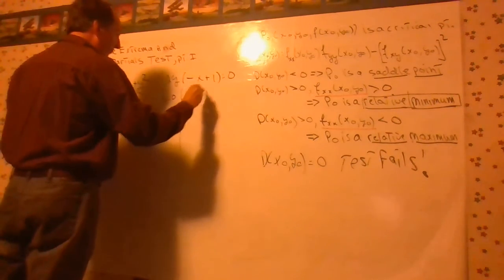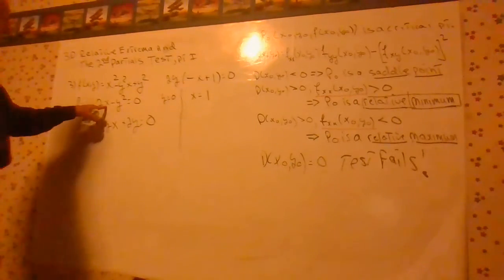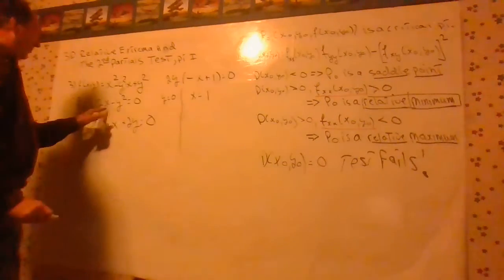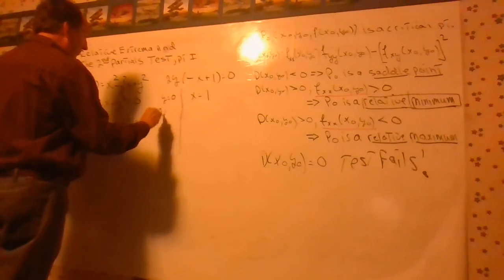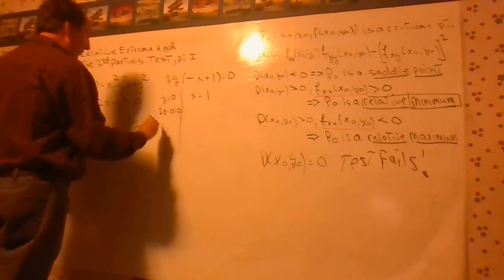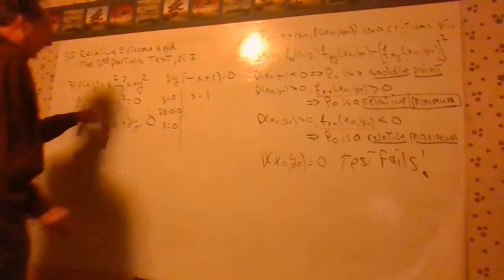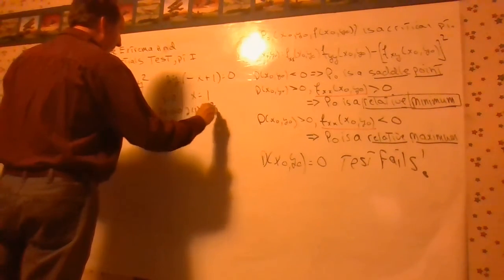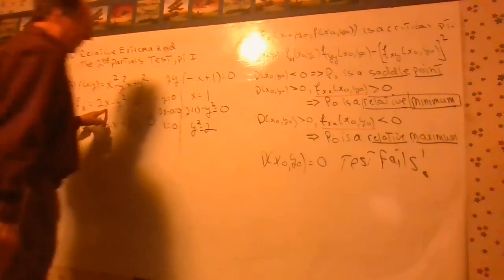This gives you x equals 1. And now we have to back substitute into this equation. 2x minus y squared equals 0. When y is equal to 0, it gives you 2x minus 0 equals 0. x equals 0. If you plug 1 in here, it gives you 2 times 1 minus y squared equals 0. y squared equals 2.